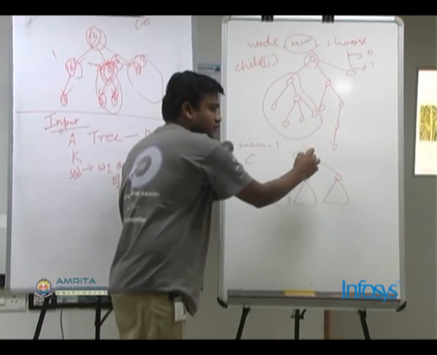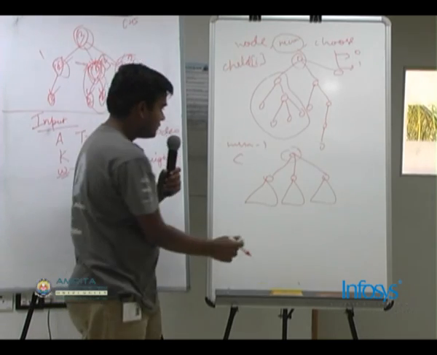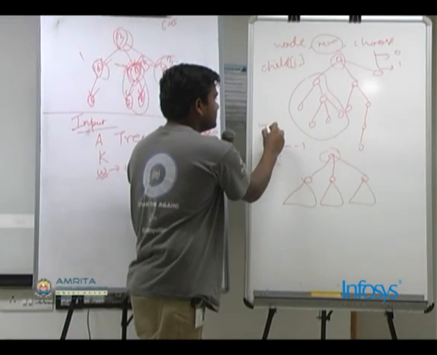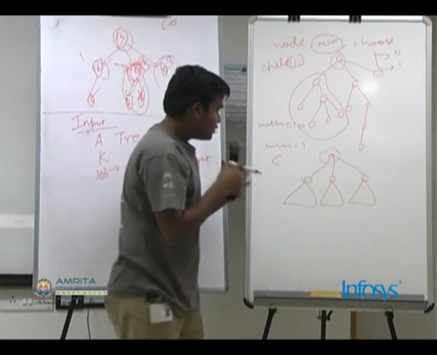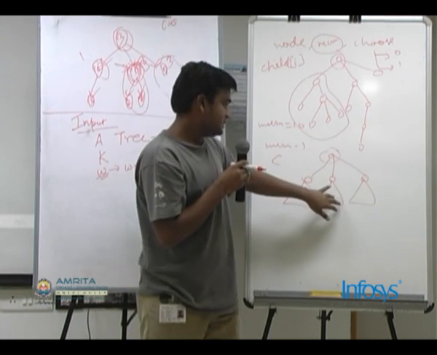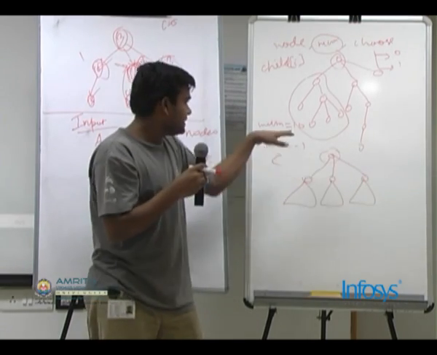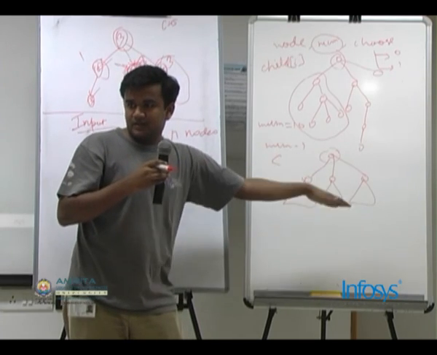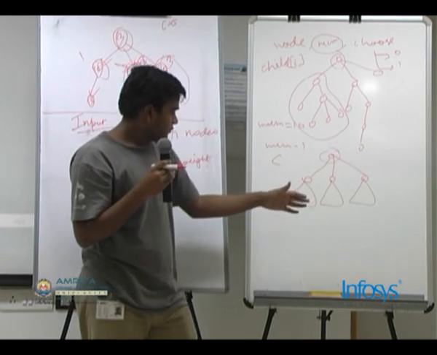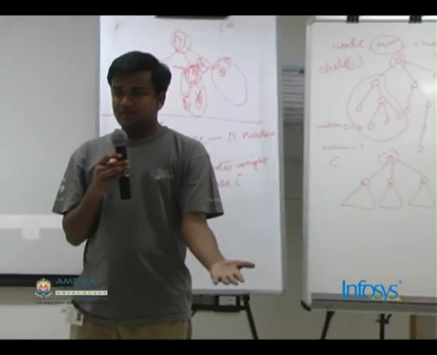You already took this node. You have num minus 1 vertices to distribute. Let's say num is 10. So you can give 5, 0, 3, 2 and so on. You can distribute these 9 remaining nodes in any way in these children, right? So you want to find a way which gives you maximum cost.